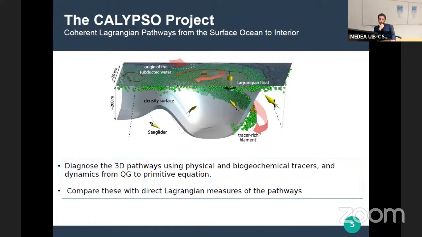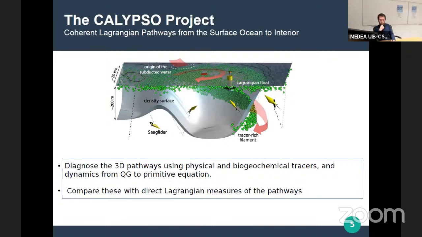Trying to understand what's going on in these small features is one of the aims of the CALYPSO project. With some fantasy, you can understand that it's an acronym, and it means Coherent Lagrangian Pathways from the Surface Ocean to the Interior.